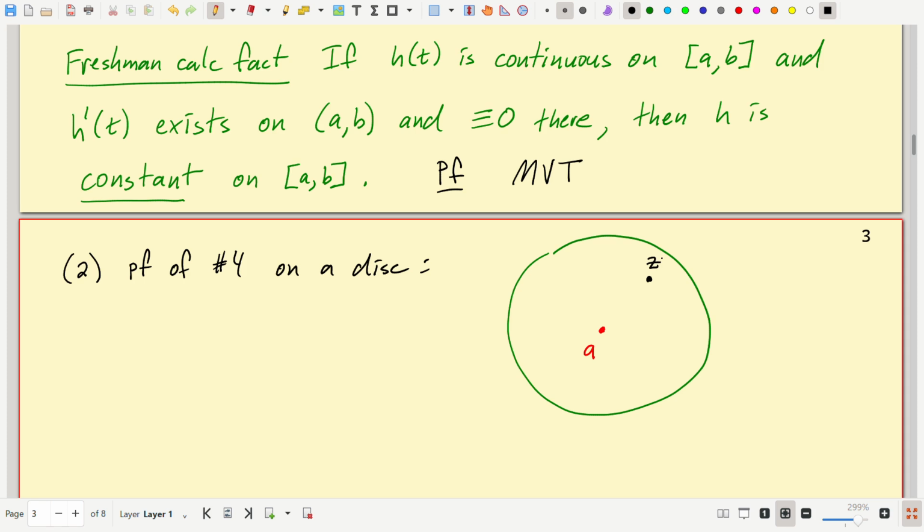Because I have this freshman calculus fact, I would like to deal with functions of one variable. And the way to do that in this picture is to first go horizontal here, and then go vertical to Z.